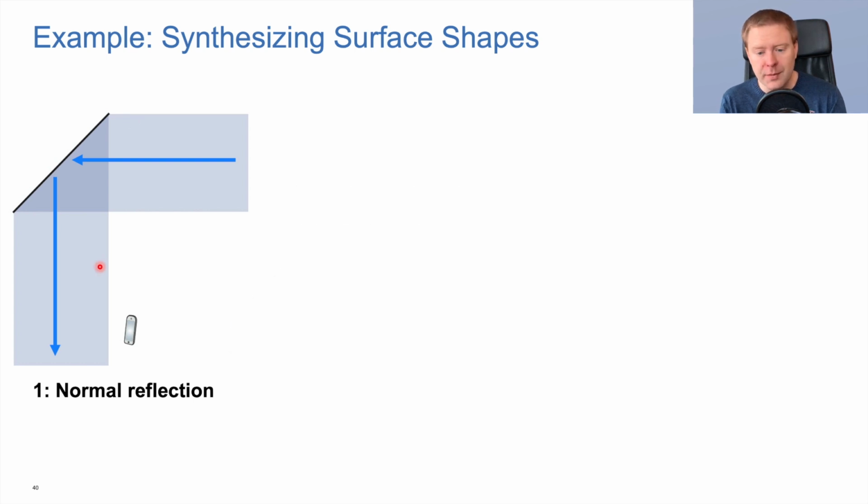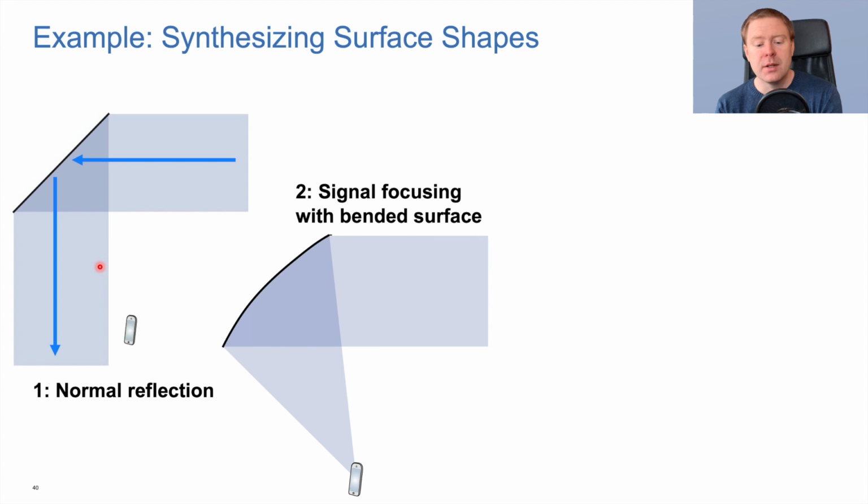What we could do is to take the surface and bend it to get a curved mirror. In that case, the signal will be focused to this location because it's bent, and we can show it in the same way as I was presenting much earlier, that we take the surface, chop it up into small elements, view them as small signals that are re-radiating the signals, and then we are computing the total length of every path coming into the surface and then reflected down here, and we'll see that they become equally long, and therefore this is where we get constructive interference at this particular location.